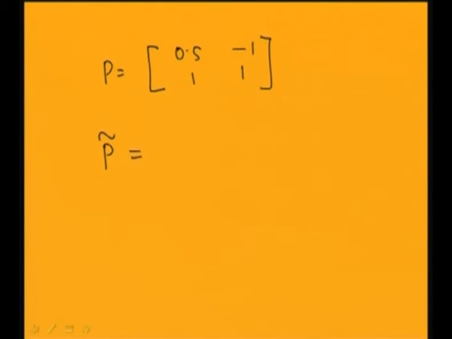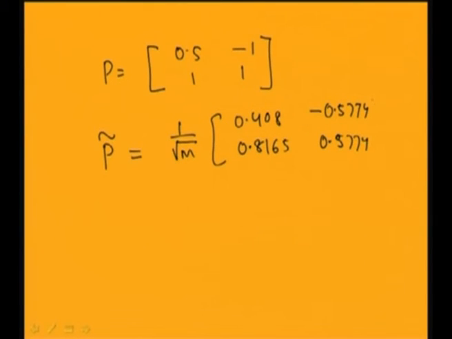This P weighted modal matrix is equal to 1 by root m times [0.408 0.8165; -0.5774 0.5774]. This is the weighted modal matrix.